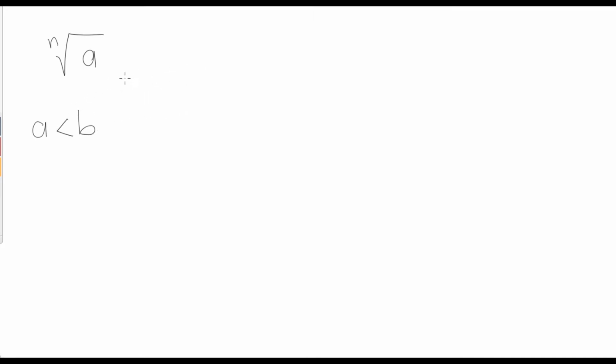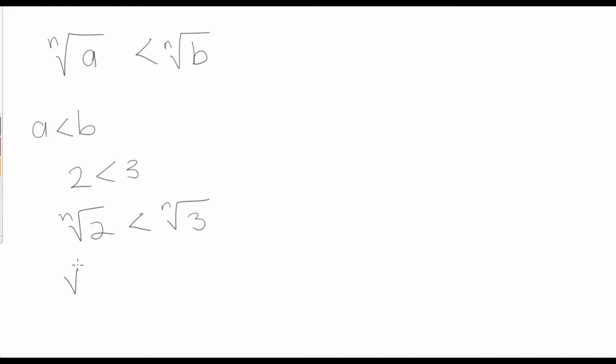What we know is that if a is less than b, then the nth root of a is going to be less than the nth root of b. So using this logic, what this essentially says is that if 2 is less than 3, then the nth root of 2 is going to be less than the nth root of 3.